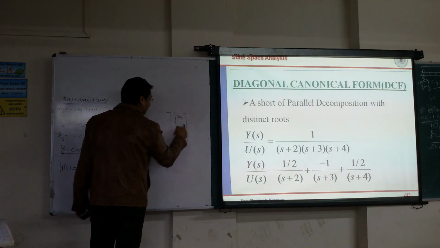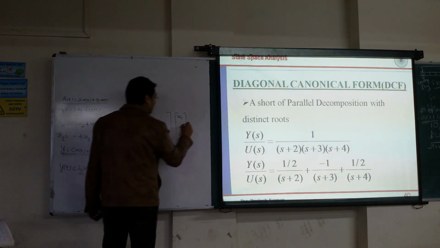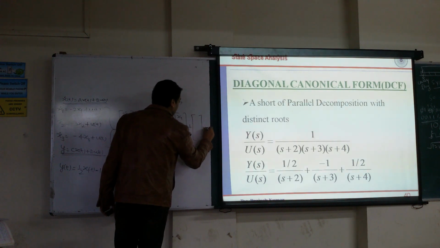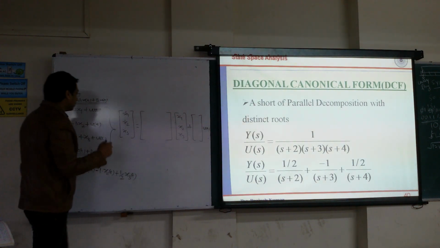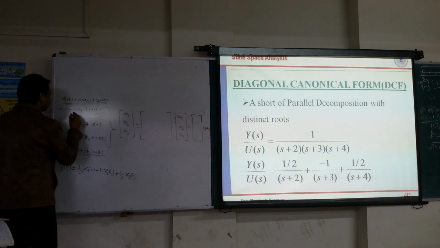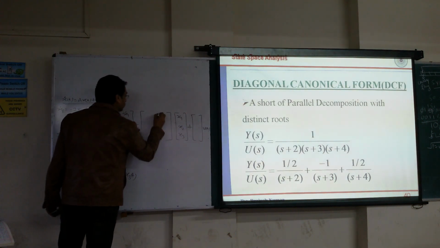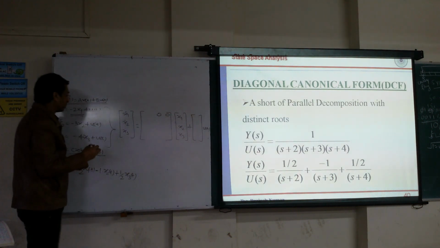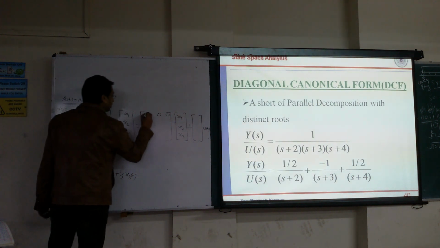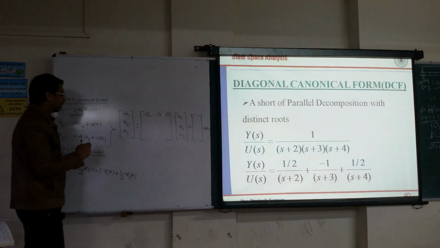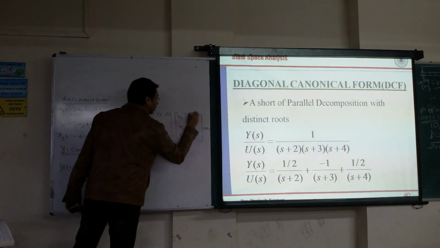If I am leaving out the parenthesis, you can assume that this is already a function of time. And here it is u(t). Correct? So x1 dot is a function of x1 only, not a function of x2 and x3, so we are going to assign it 0, 0. And this is multiplied by minus 2 x1, 0 x2, 0 x3 plus u(t), 1.